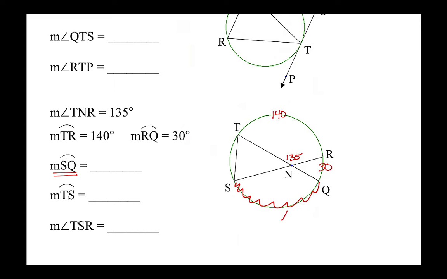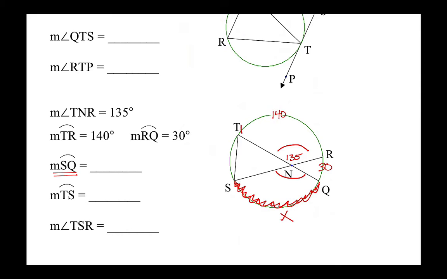So if this is my variable x, I'm going to use the chord-chord theorem that says a chord-chord angle, which in this case is the 135, should equal half the sum of the intercepted arc and the arc of its vertical angle. So I'm going to mark its vertical angle here as well. What I notice is that SQ is the intercepted arc of that 135 degree angle's vertical angle.